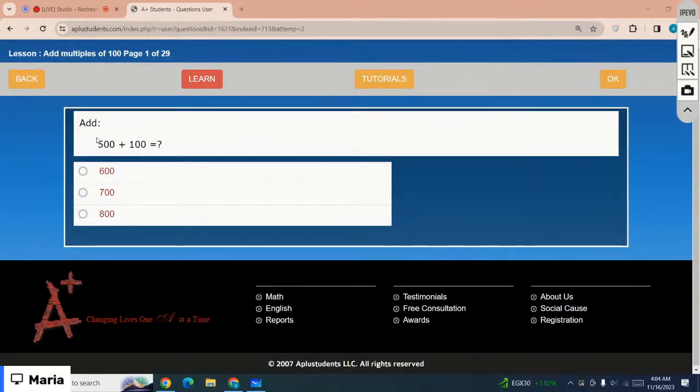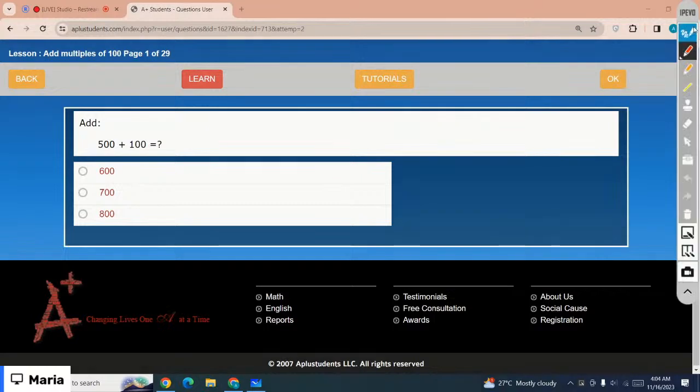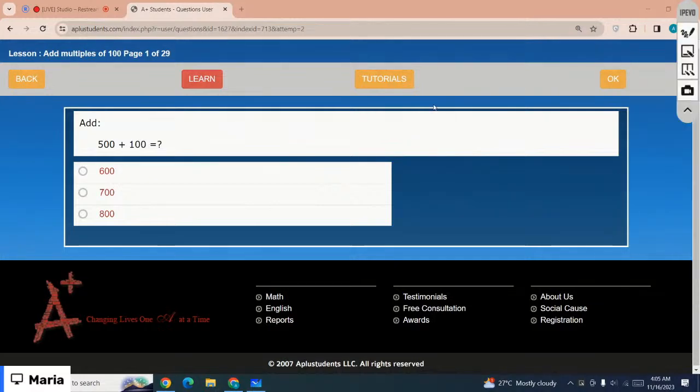Just write them down one above the other, right? It would be 500 plus 100. So we know that 0 plus 0 is 0, 0 plus 0 is 0. Just add in non-zero values. They are 5 plus 1, so it is 6. So that means 500 plus 100 equals 600. The correct option is 600.